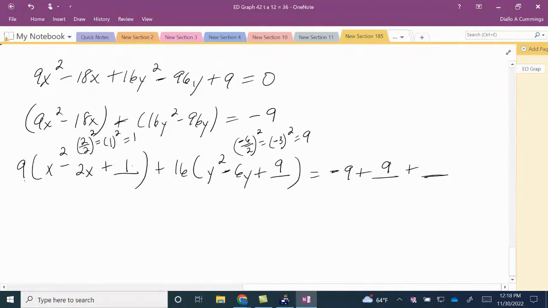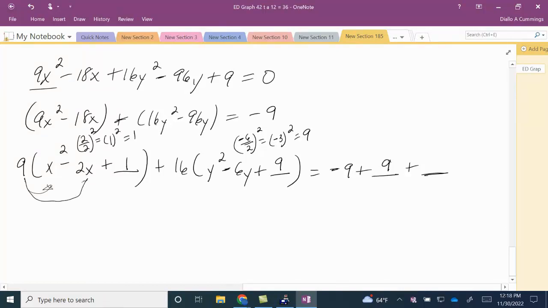So I actually added a 9 over here, right? Because if we were to distribute, 9 times x squared is 9x squared. We started with 9x squared. 9 times 2x is -18x. We started with -18x. But 9 times 1 is 9. So that means we added a 9 to the left-hand side, so we must add a 9 to the right-hand side.